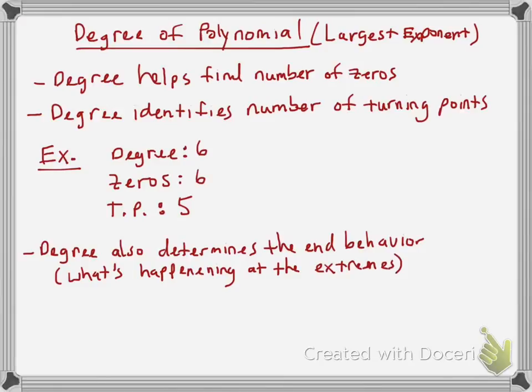Now that means as x goes to negative infinity, as x goes to positive infinity. Those are our extremes. So what's happening on the right side of my graph, what's happening on the left side of my graph, right? So that's what we're going to work with next. So once again, take a pause if you need to be able to write this stuff down. But so far, our degree has given us a lot of information. It says, hey, you got this number of zeros, you got this number of turning points, and now we're also going to figure out, well, what's happening at those extremes? What's happening to the right side of my graph? What's happening to the left side of the graph?